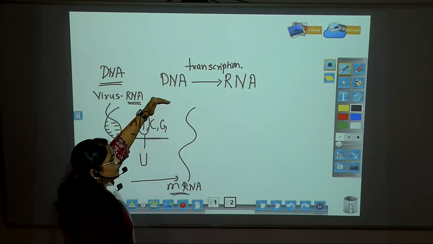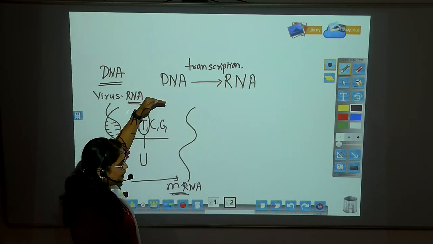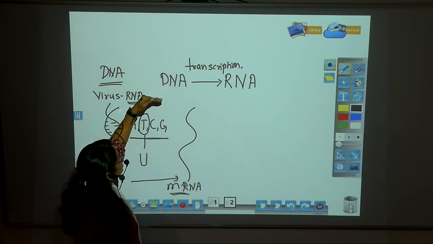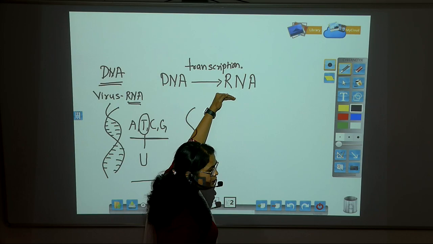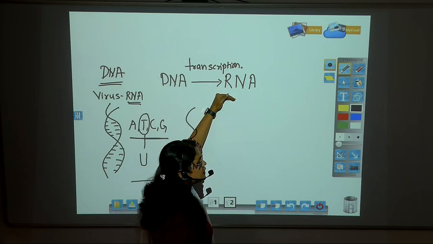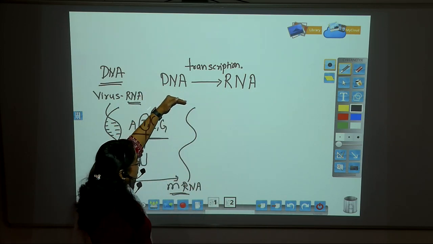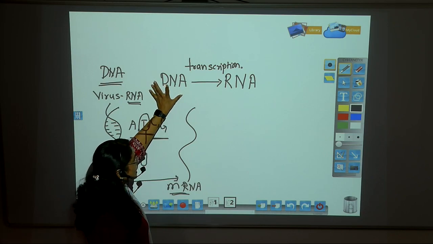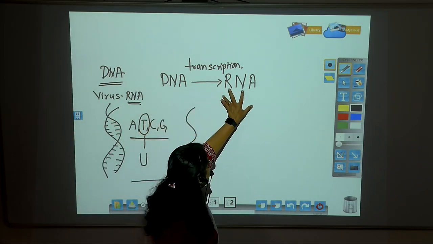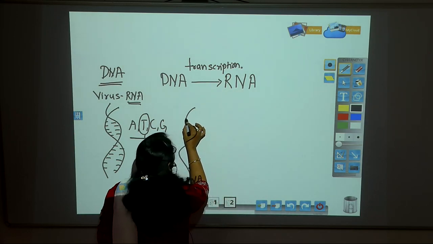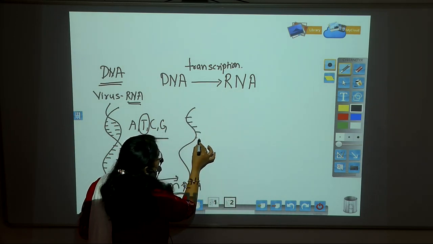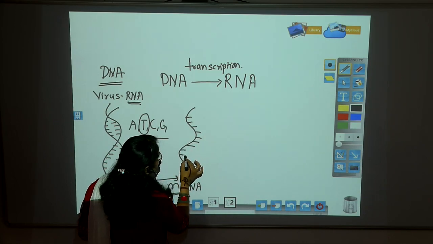So all the coded language, all the genetic information stored in the DNA, will be transcribed in the form of messenger RNA for the synthesis of a particular protein. Okay, so this coded language is decoded in mRNA. So mRNA will have codes now, called triplet codons.